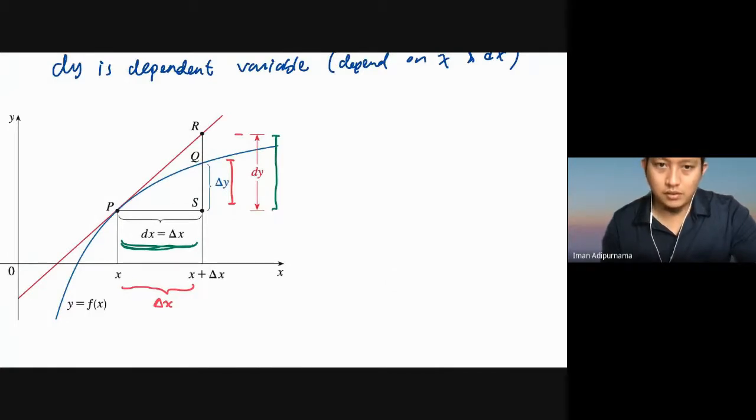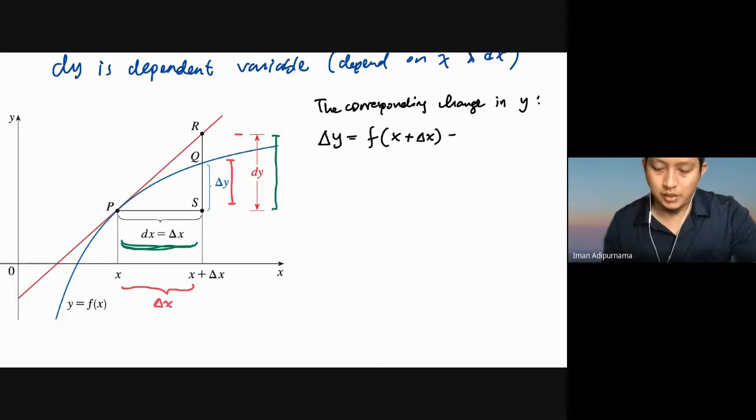Okay, so the geometric meaning here: the corresponding change in y, this will be delta y, is f of x plus delta x minus f of x. And the slope of PR is the derivative.